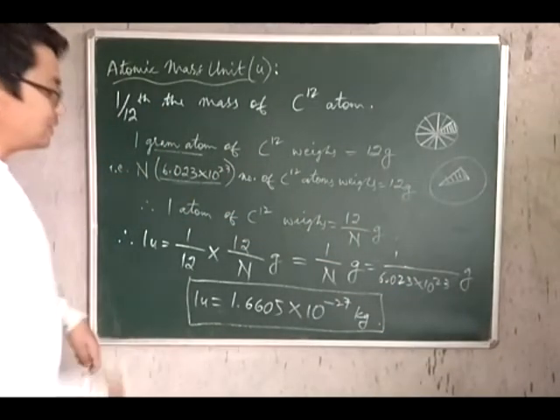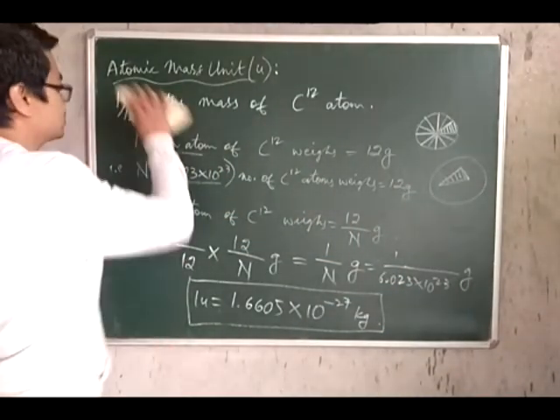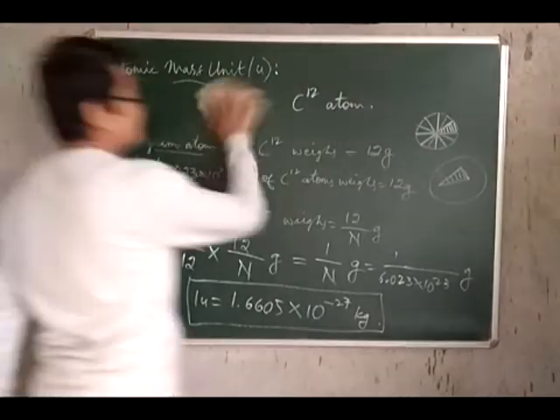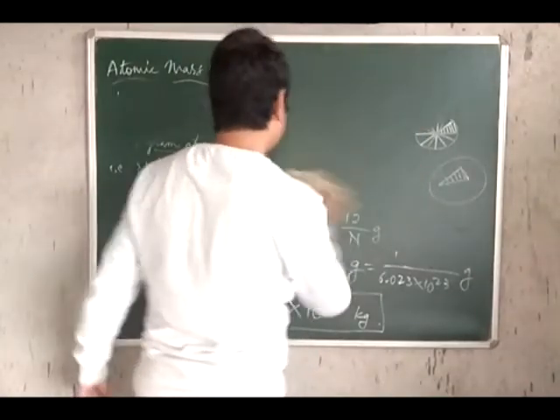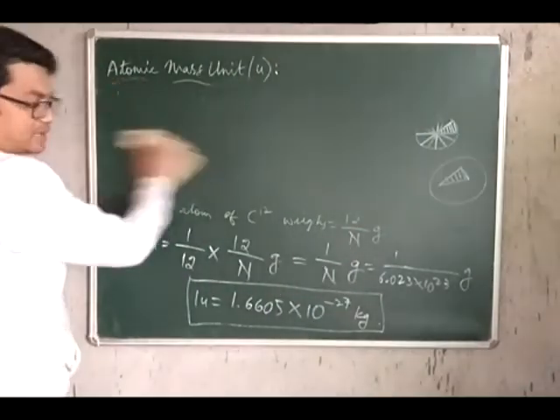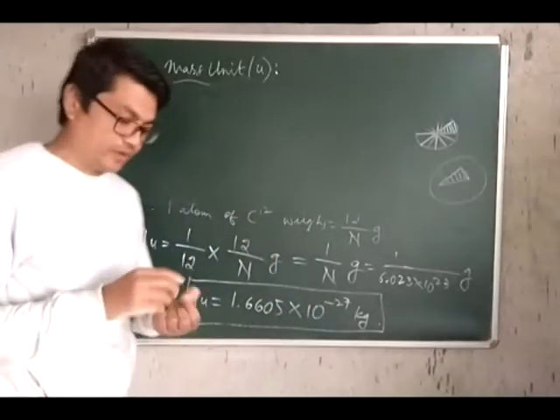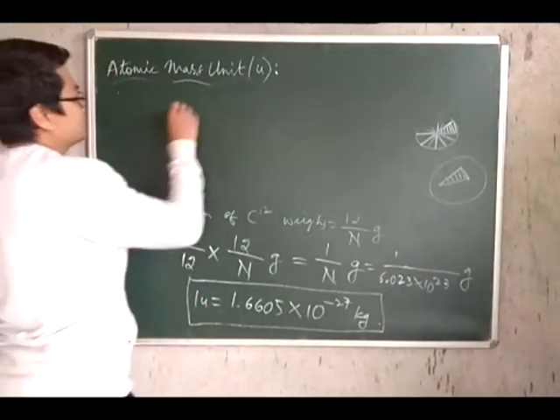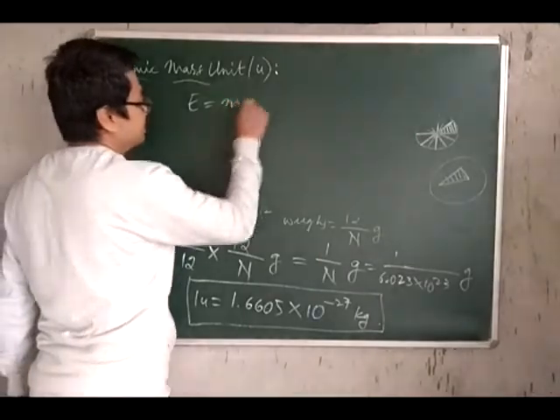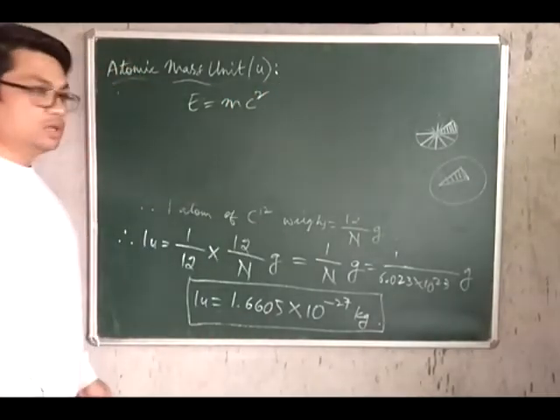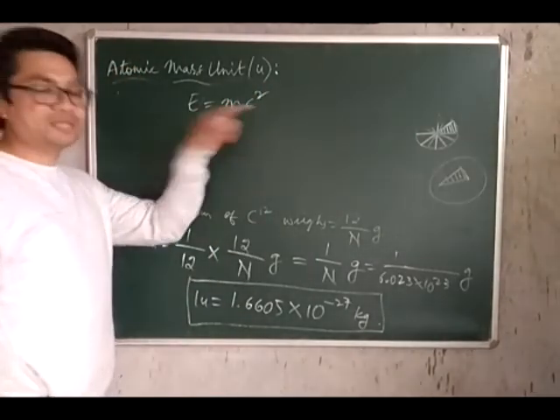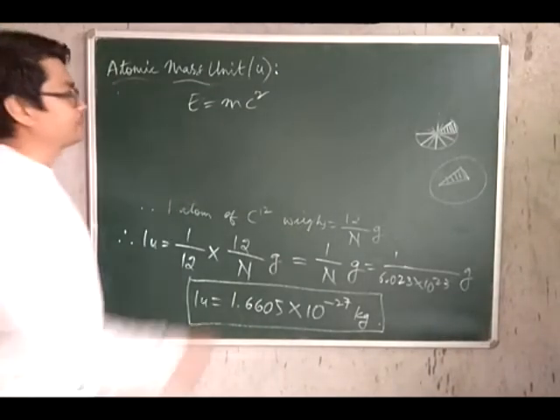Atomic mass unit can also be expressed in terms of energy, using energy-mass equivalence. Okay, so E is mc squared, we know this.